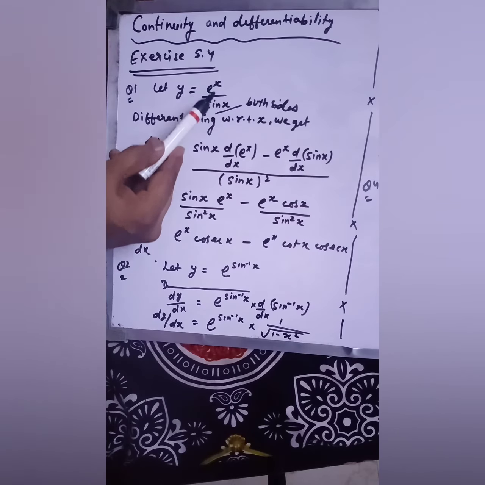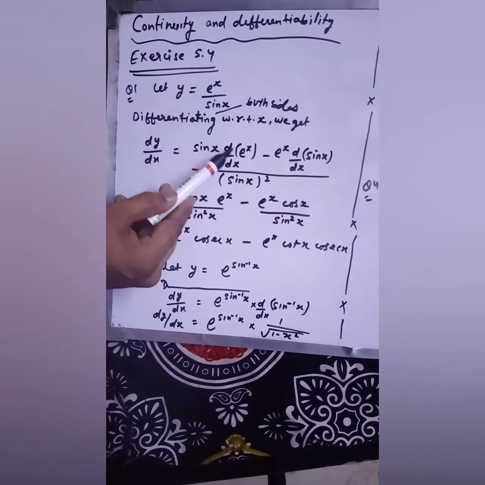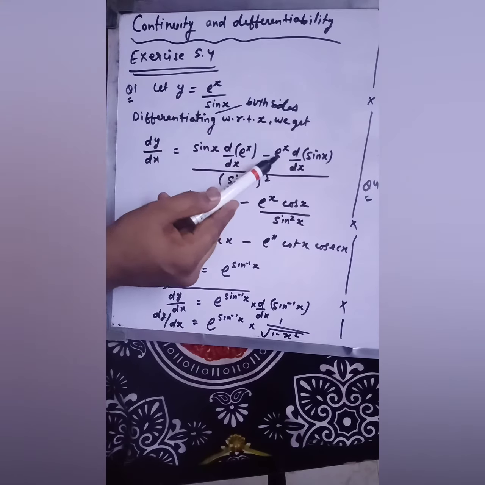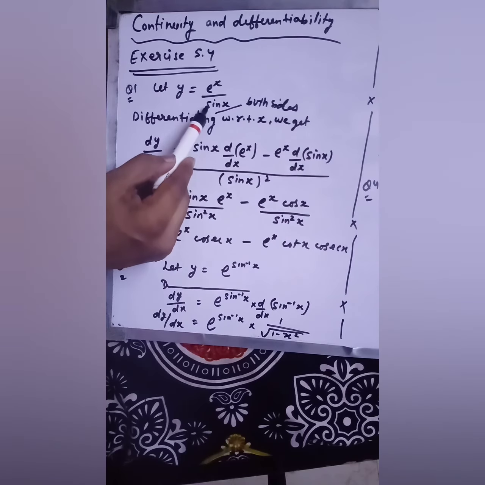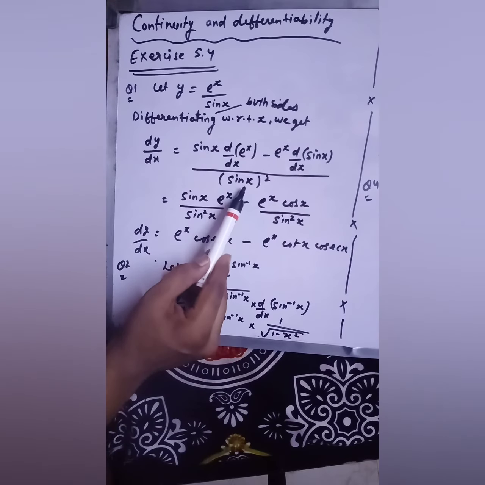In this formula, if this is the first function and this is the second function, the second function will remain the same, times the derivative of the first function, minus the first function will remain the same, times the derivative of the second function, over the square of the second function. This is the formula.